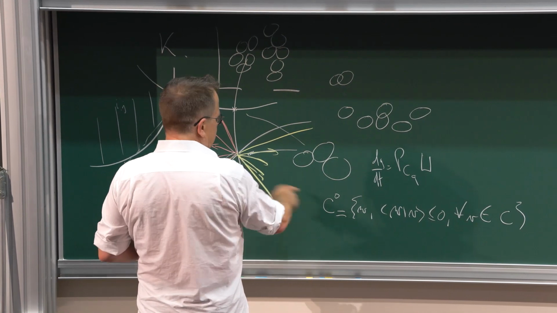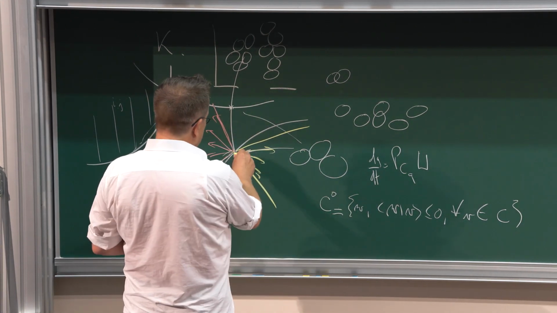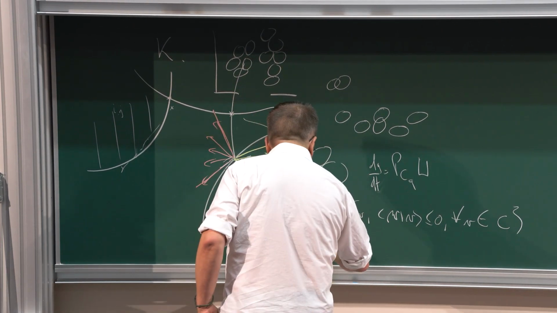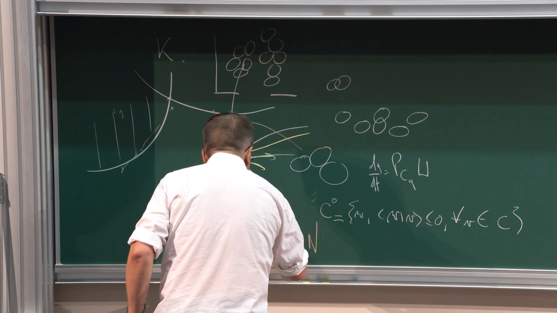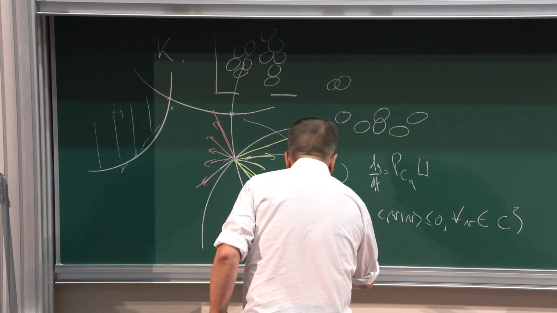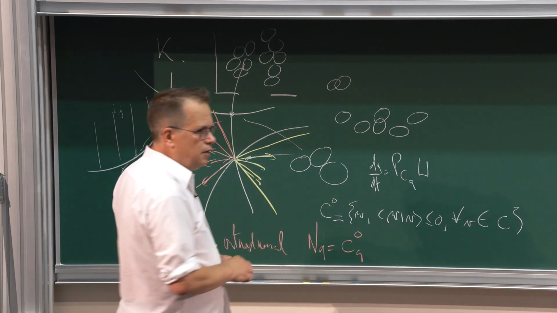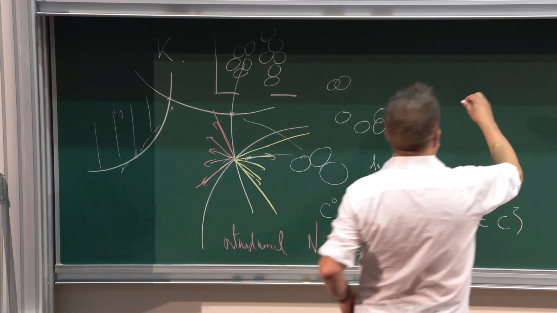So if I take C_q, this red cone, its polar cone is called the outward normal cone. N_q is the polar cone of C_q. Okay? So basically, let me give you some example.